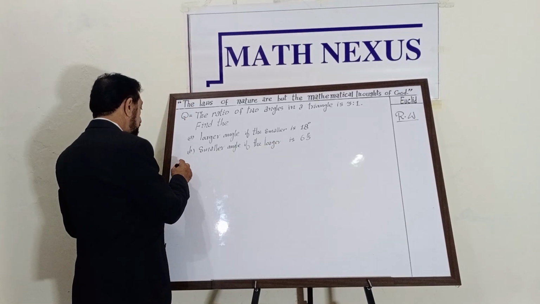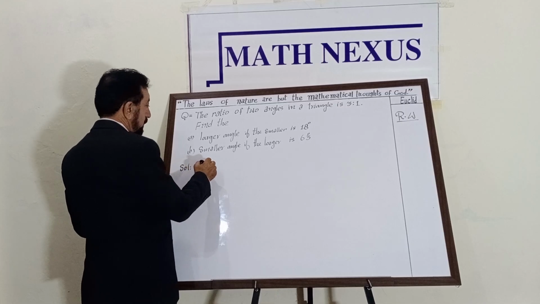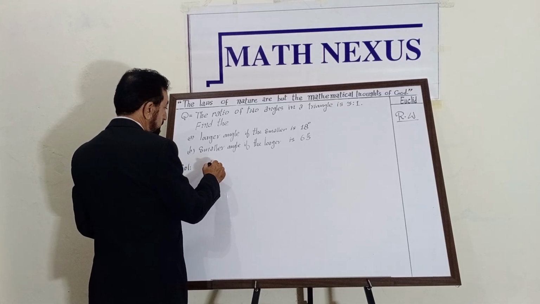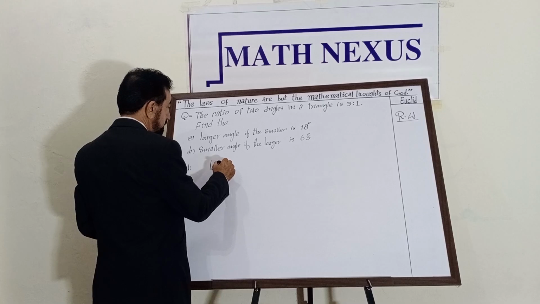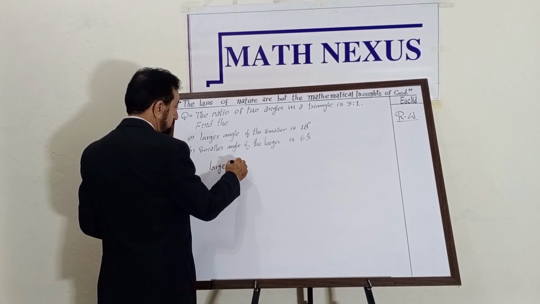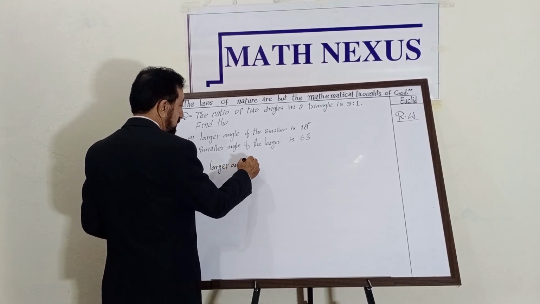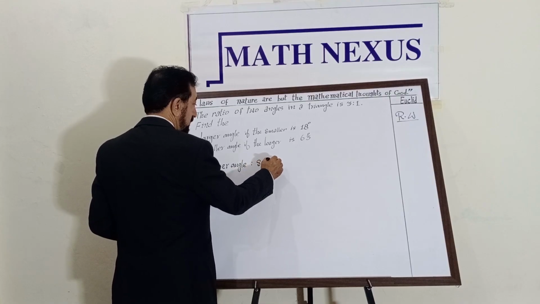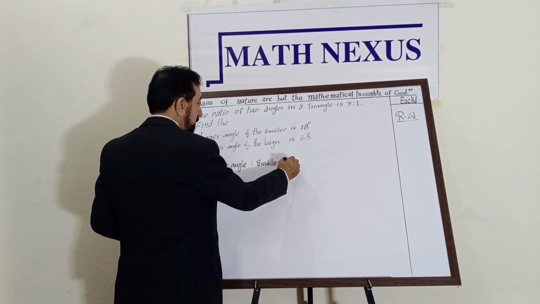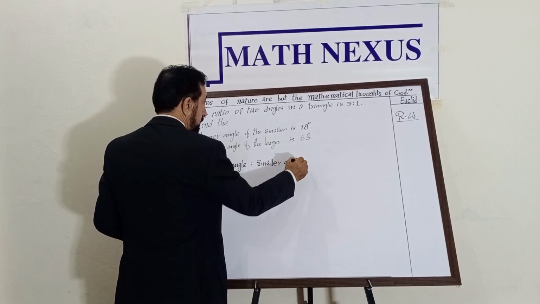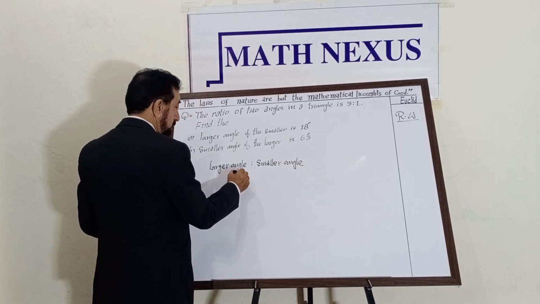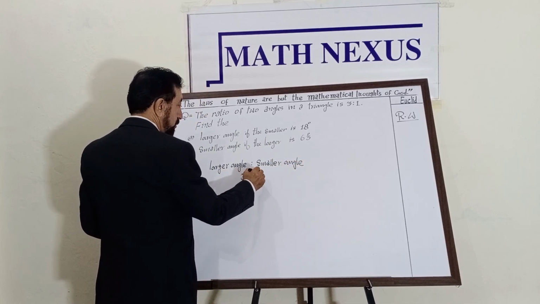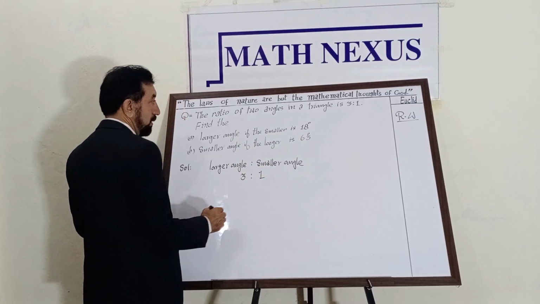Now, larger angle ratio smaller angle is 3:1.